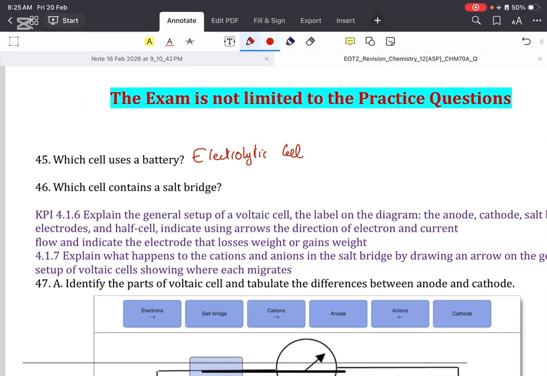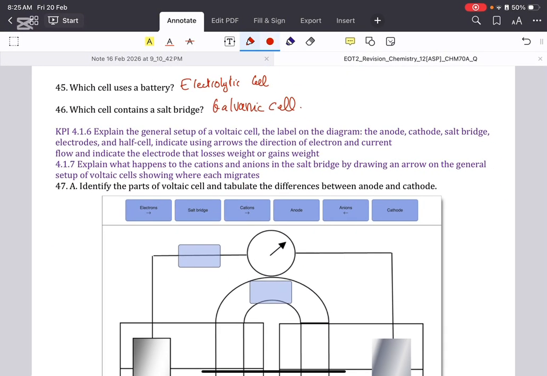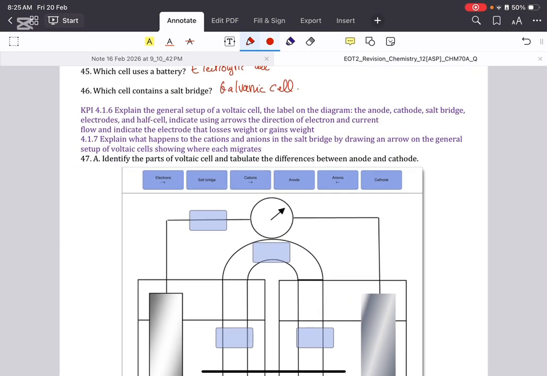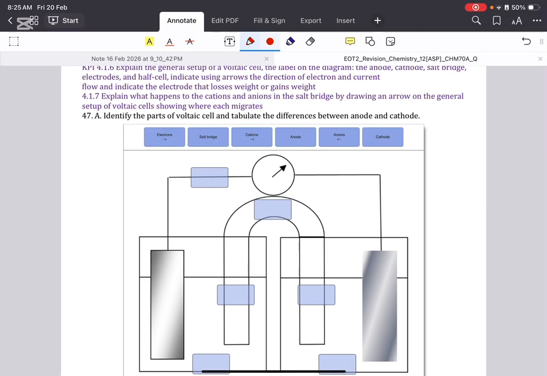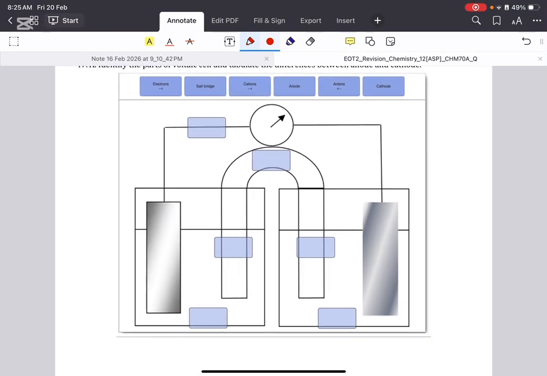Okay, let's continue. Which cell contains a salt bridge? It's definitely the galvanic, also known as the voltaic cell. Now, identify the parts of a voltaic cell and tabulate the differences between anode and cathode. I tried as much as possible to bring a similar figure for the diagram represented.